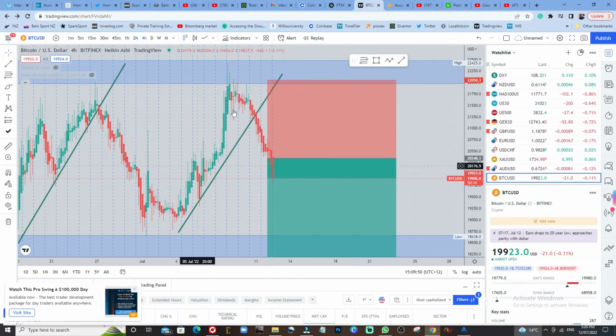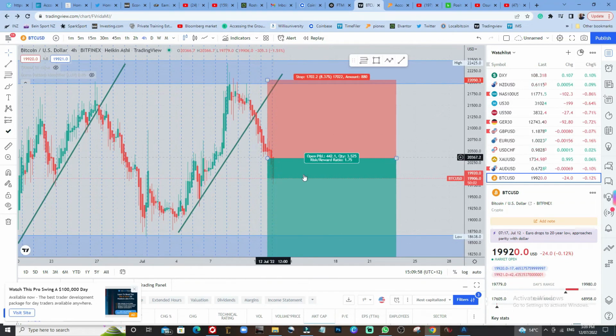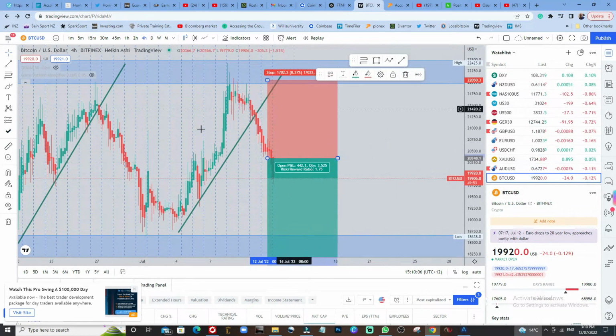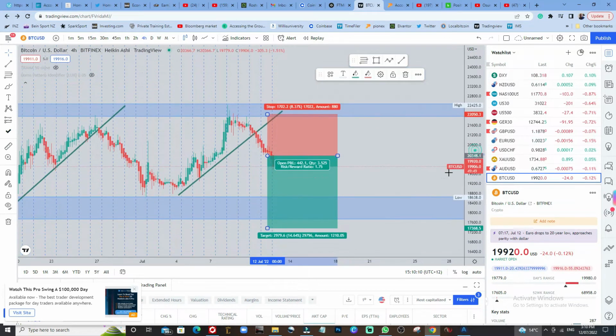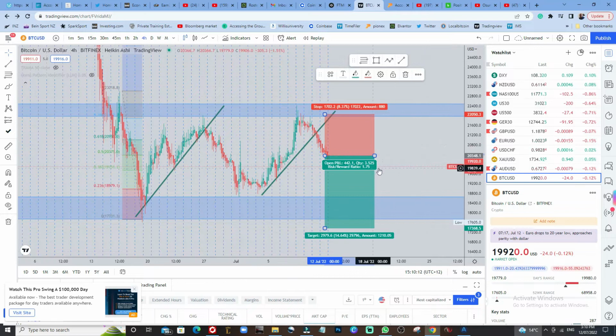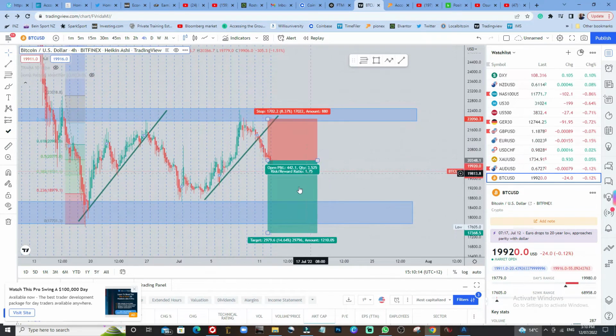Then since it bounced at the same level, I drew this counter trend line, and you can see wonderful profits in Bitcoin. I'm in profit because it's a sign that the US dollar is gaining strength. This is a 4 hours time frame, a wonderful pattern, and in profit for BTC USD.